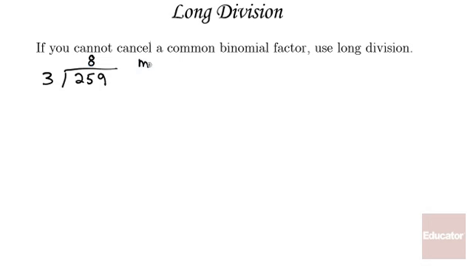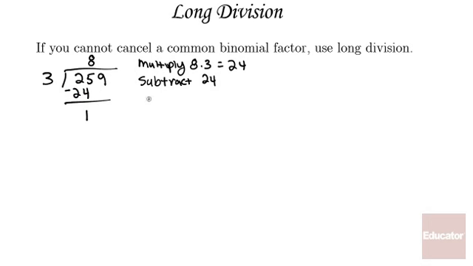So after dividing, you multiply 8 times 3, and that equals 24. Next step, subtract. So I'm going to subtract 24 from the dividend here to get 1. After that, I'm going to bring down the next digit.